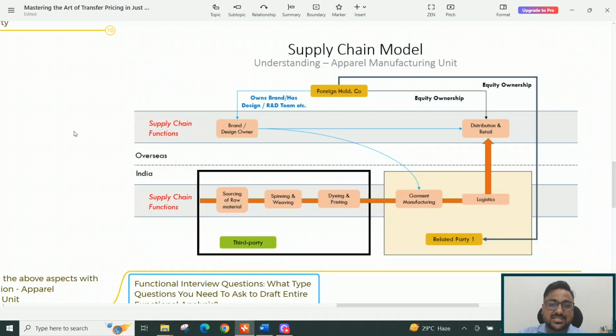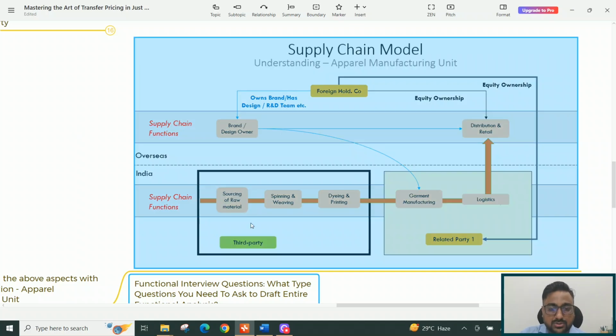Now if you see the supply chain model in an apparel manufacturing unit, it starts from sourcing of raw material, spinning and weaving, dyeing and printing, and then once the designs are given to the garment manufacturing unit, they will manufacture products as per those particular designs and patterns, right? The designs could also be given, please see, this is just an example model, at the dyeing and printing level also.